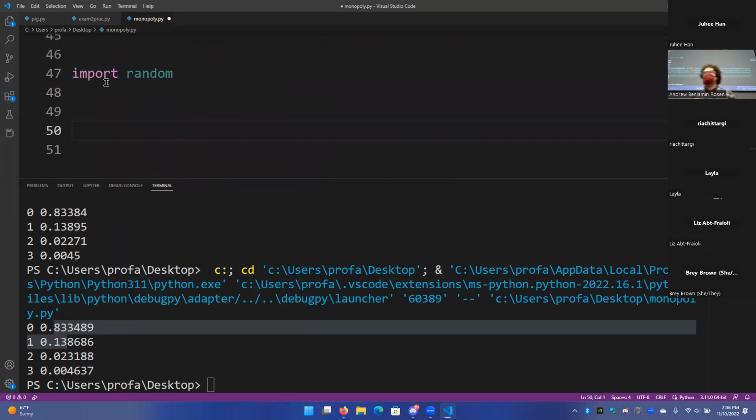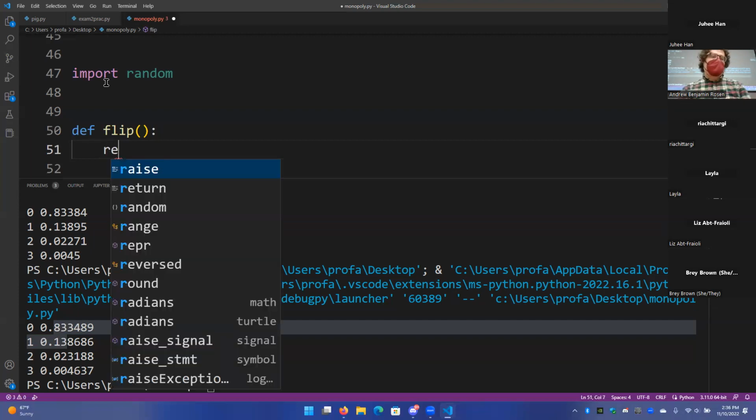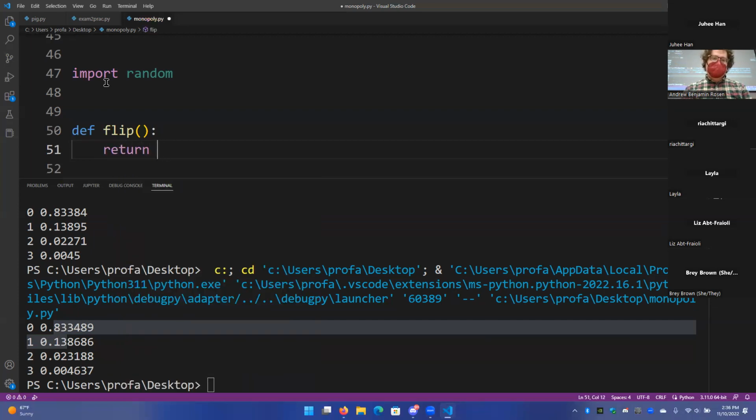Now there's a bunch of different ways we can do a coin flip. So for instance, def flip. We could represent our coin flips with numbers like this.